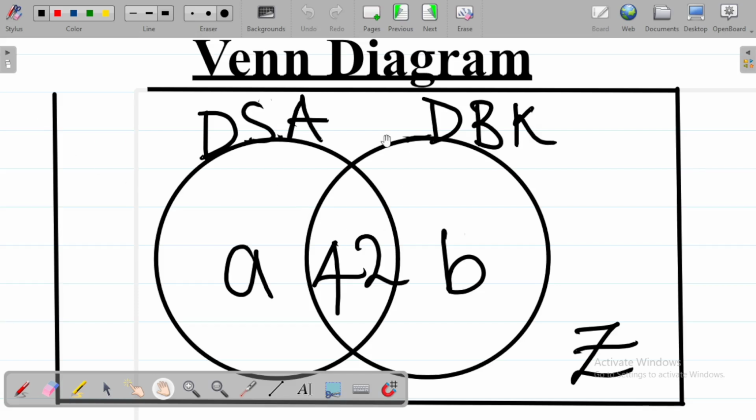All right, so this is the Venn diagram, the first Venn diagram we drew. The number of persons who believe that David is still alive but do not believe David has been killed is A. And those who believe David has been killed but do not believe that David is still alive is B. And the intersect between DSA and DBK is 42. 42 is the number of voters who believe David is still alive and David has been killed.